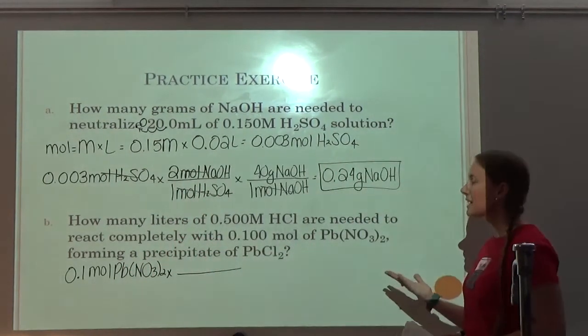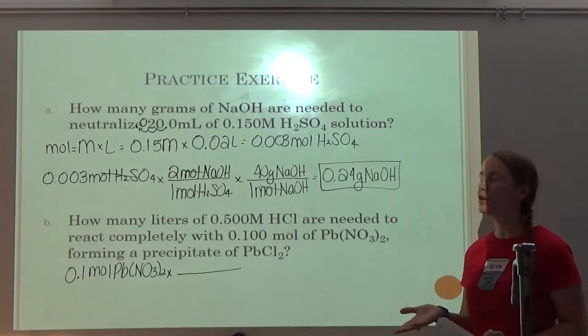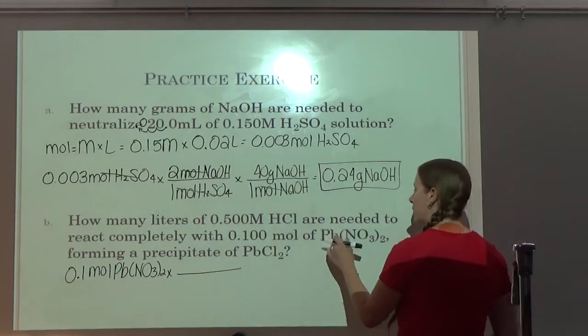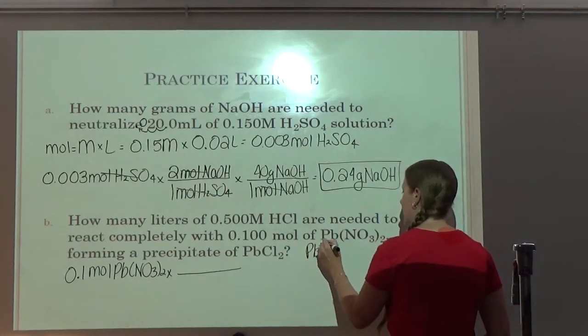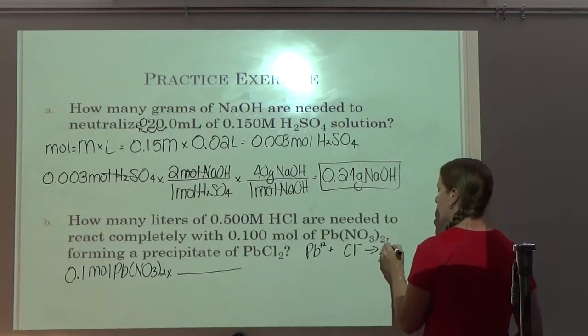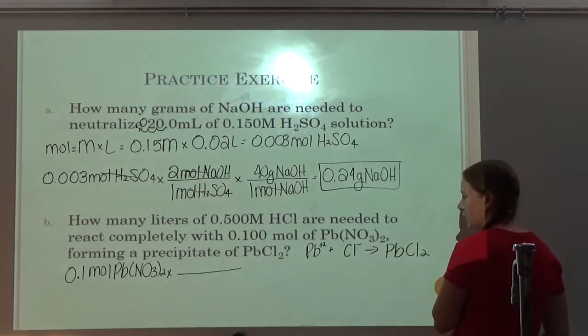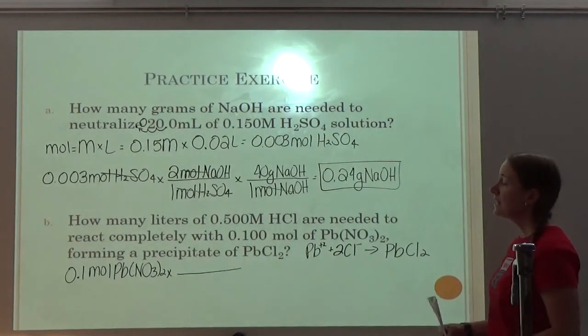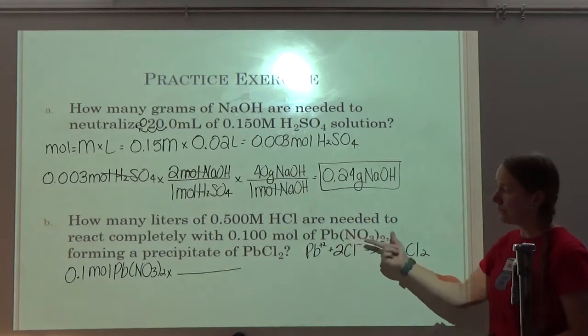And so one thing that's helpful sometimes, especially when you're trying to do your mole ratio, is if you're not sure, write the reaction. So what we have happening here is we have lead ion reacting with chloride ion to make lead-2 chloride. So of course I'm going to need 2 chloride ions. Okay, so that can help you figure out the mole ratio for this one.